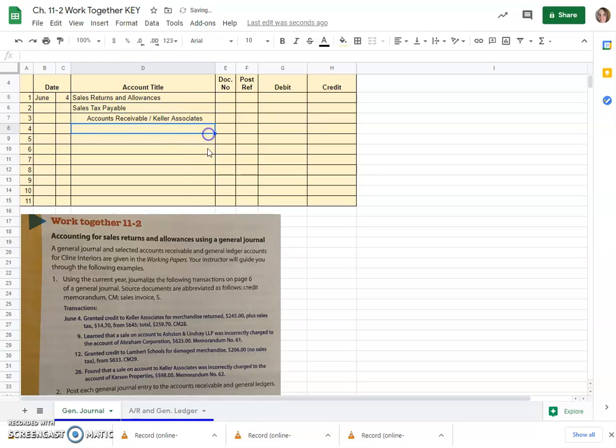Because it says we granted credit to them for merchandise returned, so this would be a sales return. All right, credit memorandum 28.